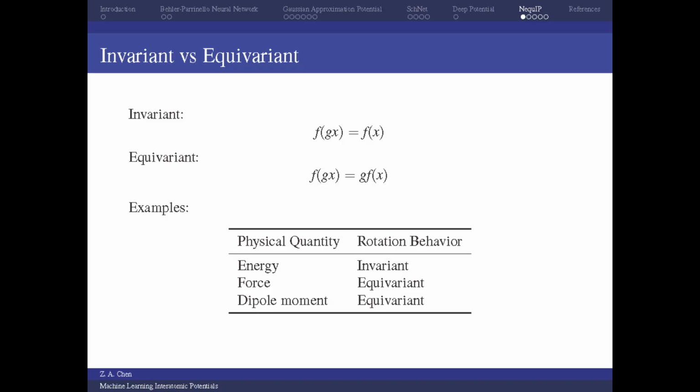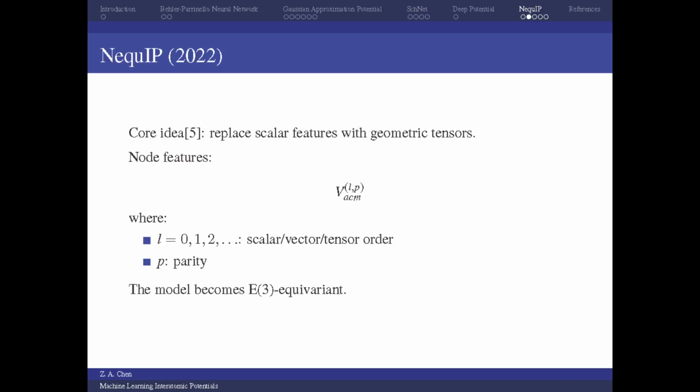Energy is invariant under rotation, but forces and dipole moments are equivariant because they rotate together with the system. The key innovation of NequIP is replacing scalar features with geometric tensors. Node features are written like this, where L corresponds to scalars, vectors, and higher-order tensors.